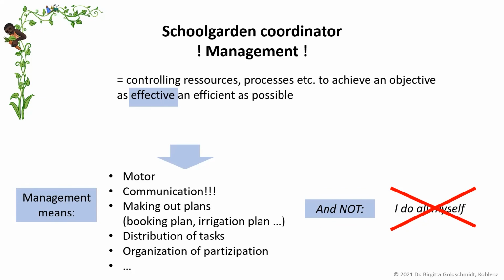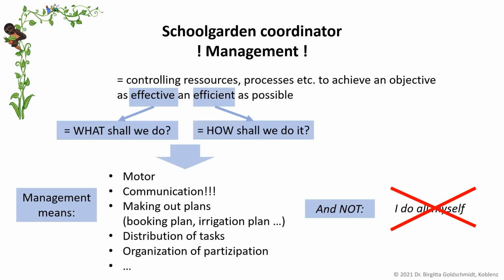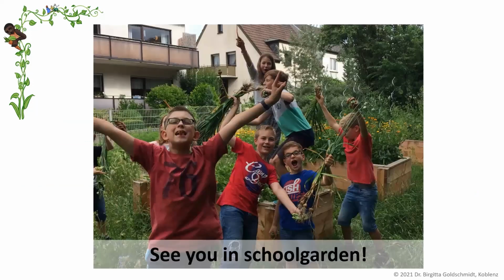And I think this is a very important message for you if you are a school garden coordinator or if you consult schools for school garden management: that you advise to have a school garden coordinator, but the school garden coordinator cannot be the one who does everything for himself. So there are the others. Okay, this is my suggestion for you.